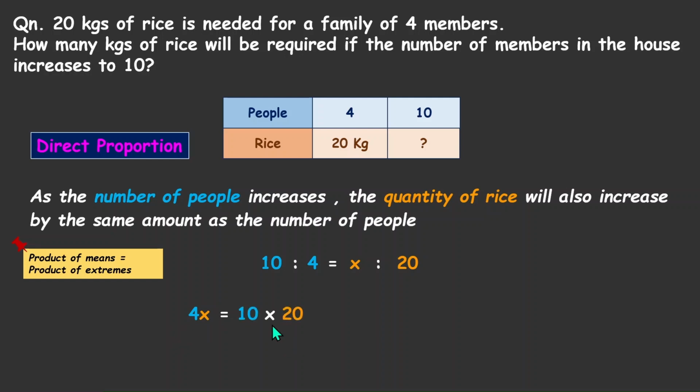Now if we divide both sides by 4, we get x is equal to 10 into 20 divided by 4. Since 4 into 5 is 20, we can cut the numerator and the denominator. We have 1 here and this is 5, and 5 into 10 is equal to 50. This is a great application, because now we know that 10 people would consume 50 kg of rice.